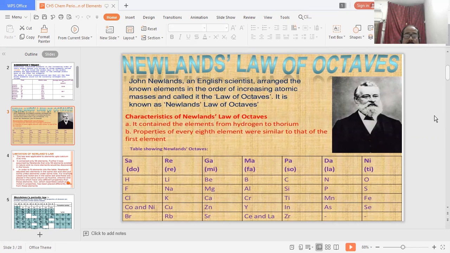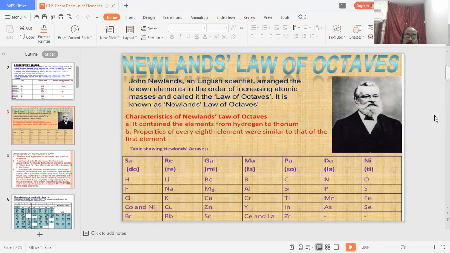So again, I recap the law. John Newlands, an English scientist, arranged the known elements in the order of increasing atomic masses and called it the law of octaves, known as Newlands' law of octaves. Its characteristics: it contains the elements from hydrogen to thorium, all arranged in this type of table.